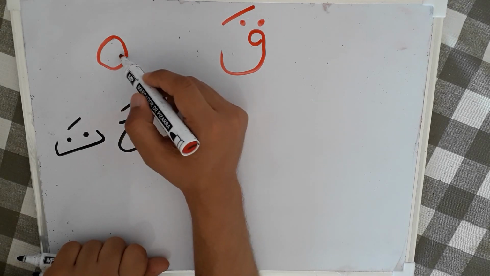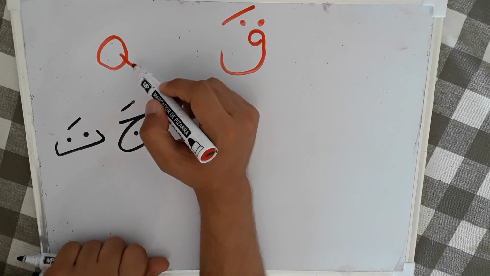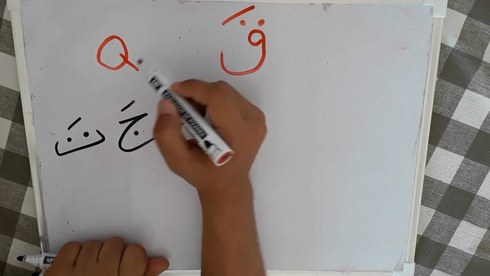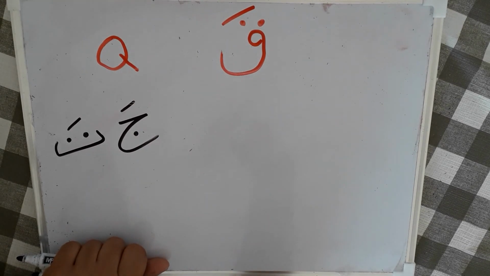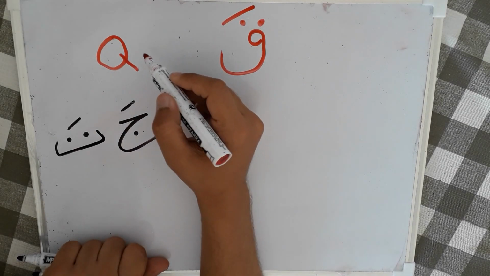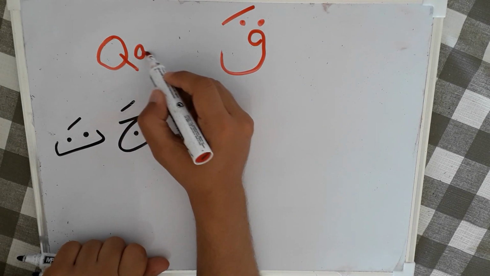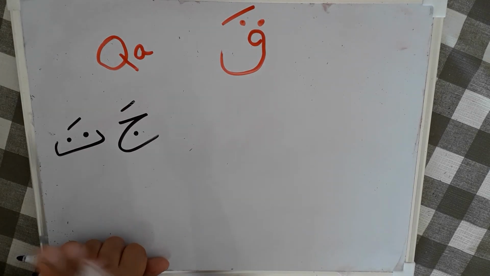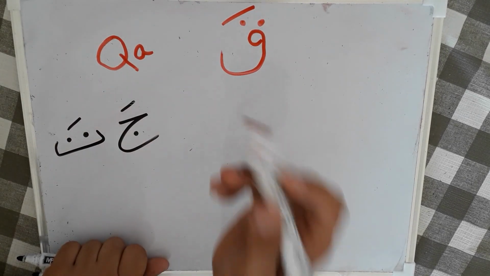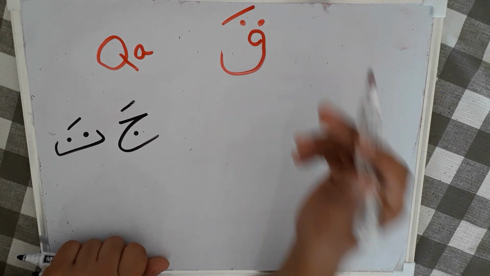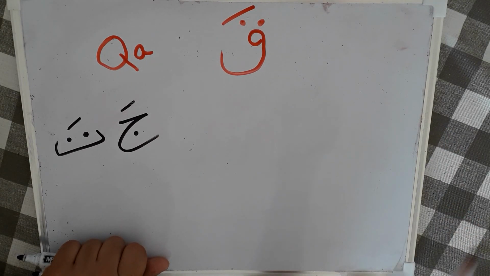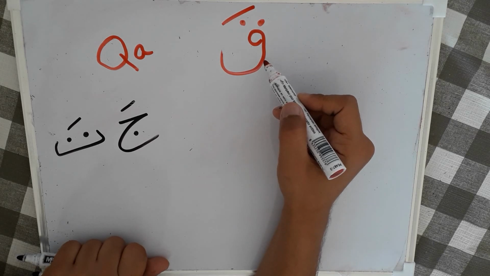I don't like to use Q to show you how we pronounce it in Arabic, because it is different, but it is closer. It is better than K or C. So qa, it's a strong K.